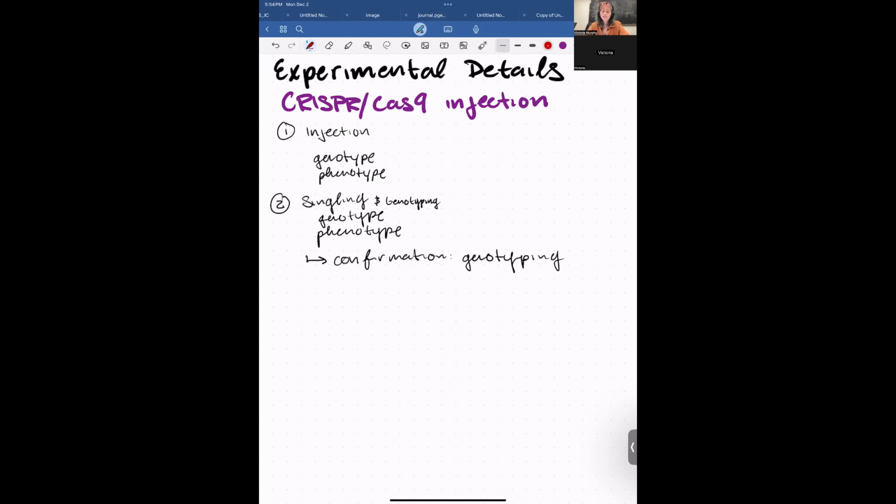So instead of injecting Cas9, the Cas9's already there. And also, they have the worms mutated for the UNC119 gene. So they don't have functioning UNC119, meaning that they show the uncoordinated phenotype.